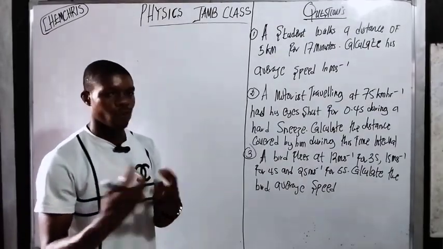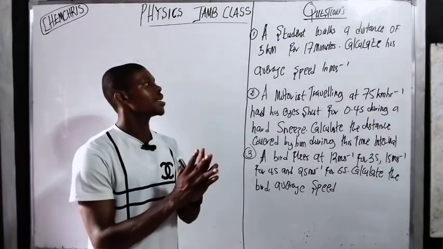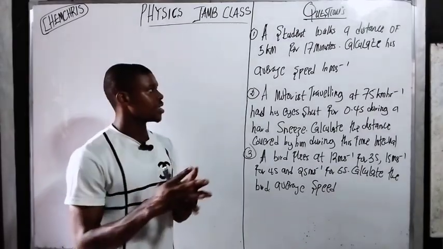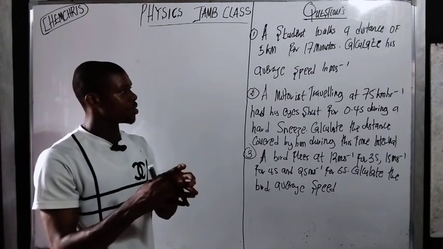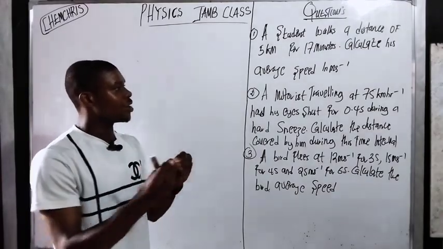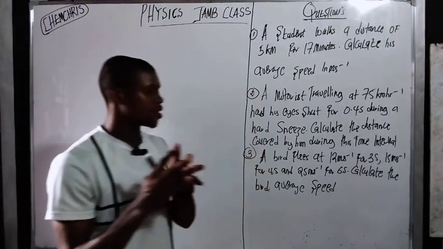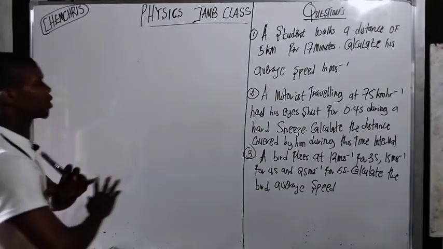Let's look at these three sets of questions under speed, so pay close attention here. A student walks a distance of 5 kilometers in 17 minutes. Calculate his average speed. The question is very easy.